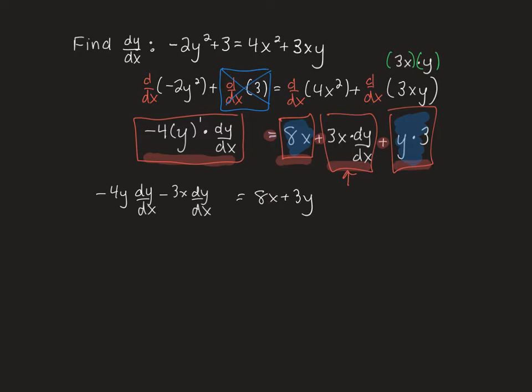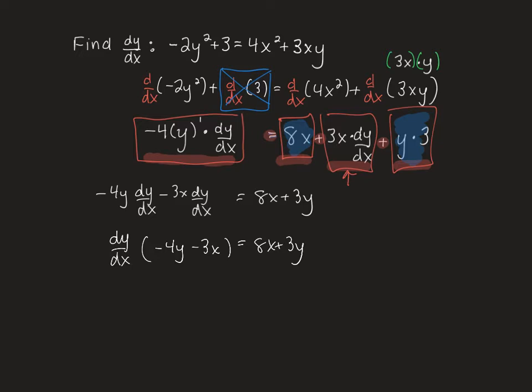Now, because everything on the left side has a dy/dx, since they have that common factor, I'm going to factor out dy/dx. It's going to leave negative 4y minus 3x equals 8x plus 3y.